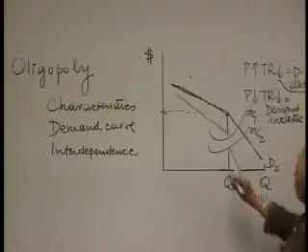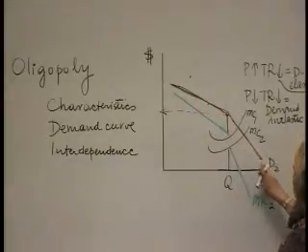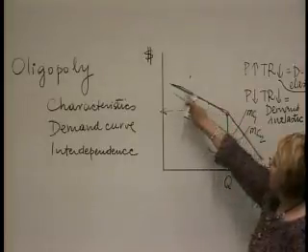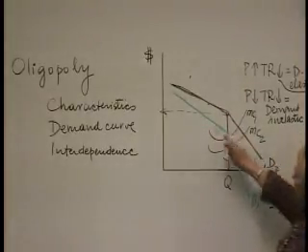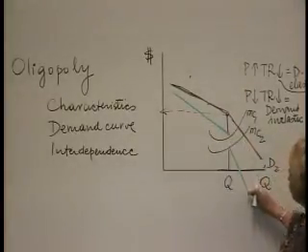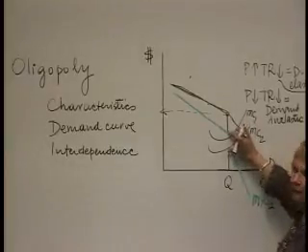So again, because of the fact that we have a kink in the demand curve and that your marginal revenue curves do not cross at the same point, we have a gap.